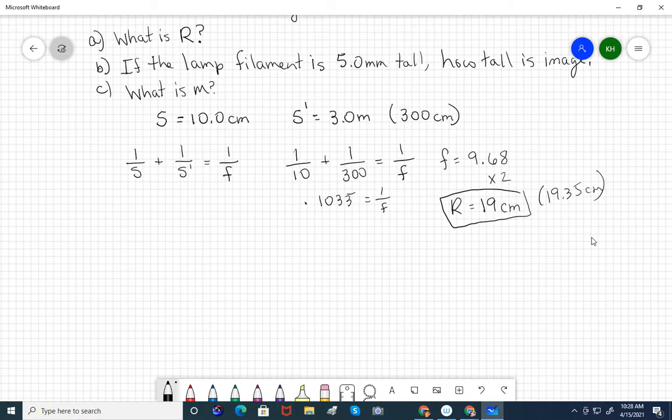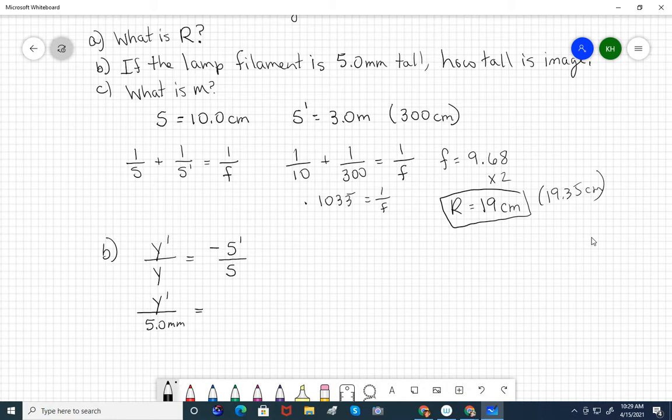The second question says, how tall is the image? Well, we have a relationship that says that y prime over y is equal to the negative of s prime over s. So let's fill in everything we know. We don't know y prime. Y is 5 millimeters.